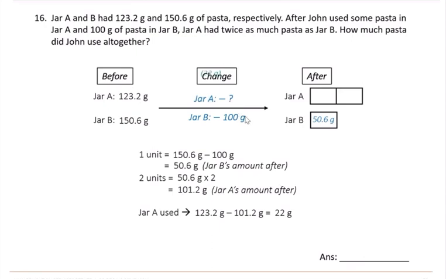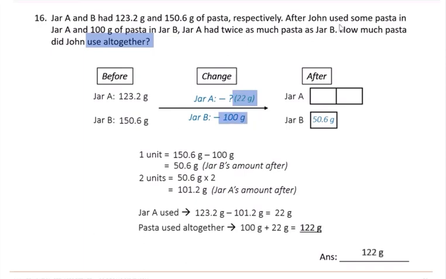So I'm going to put 22 grams beside the question mark because I found out this unknown value. So the answer is not just 22 gram. They asked for how much pasta did he use all together, which means he used 22 from A and 100 from B. So all together means that you need to take 100 plus 22. Your answer is 122 gram. Understand now, children?